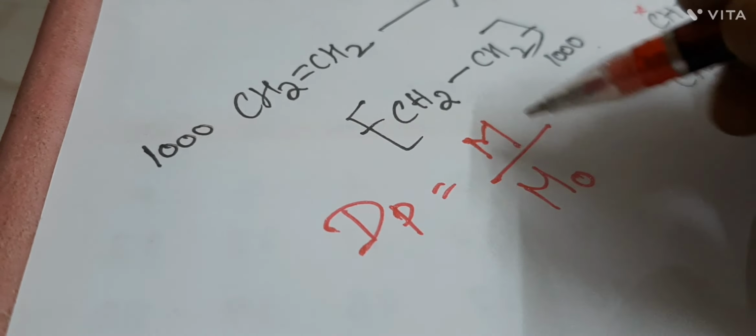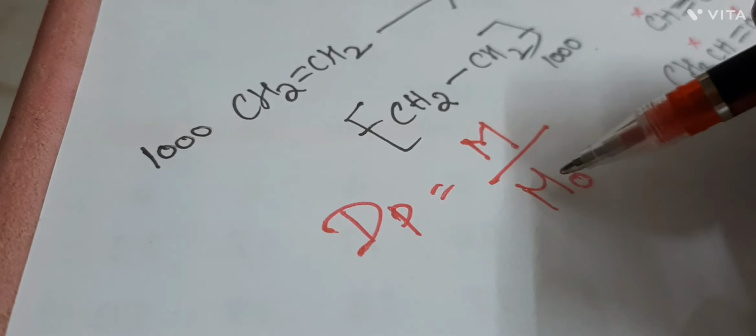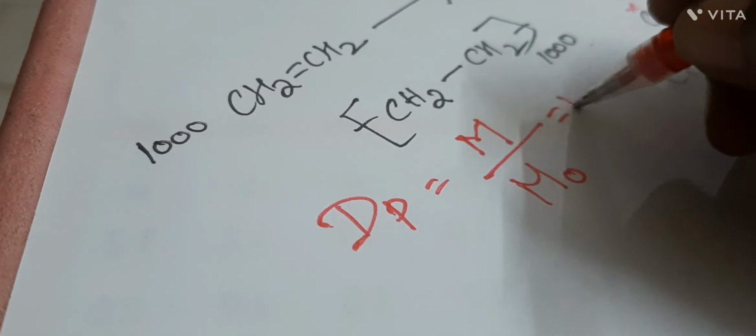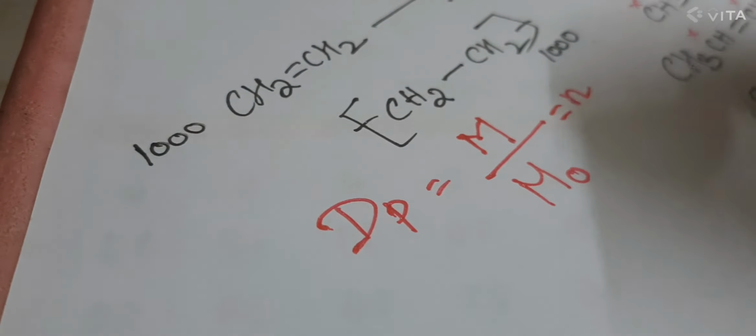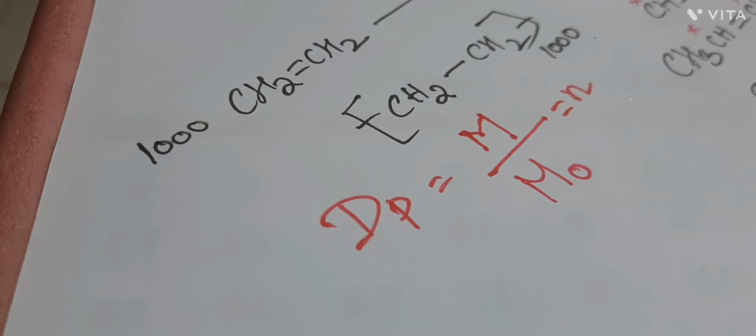If you divide the molecular weight of the polymer by that of the monomer, you will get the degree of polymerization, that is N. What is N? The number of monomers present in the polymer.